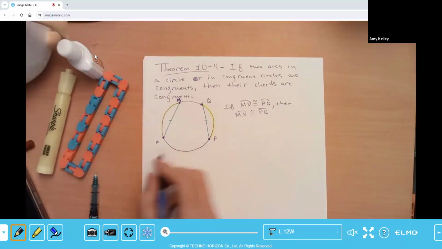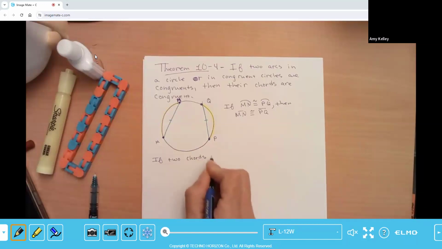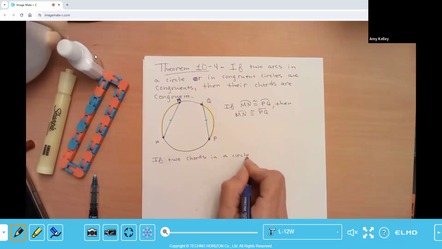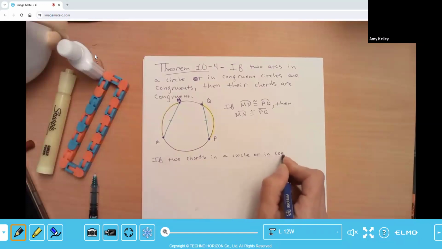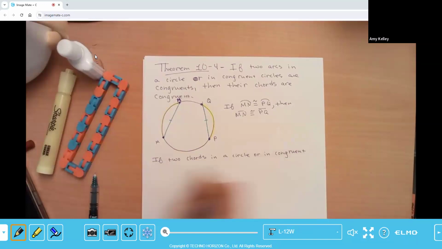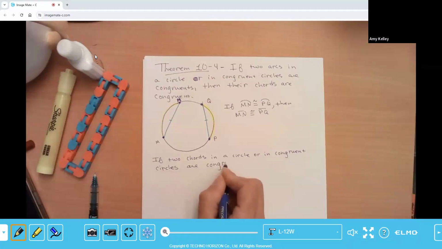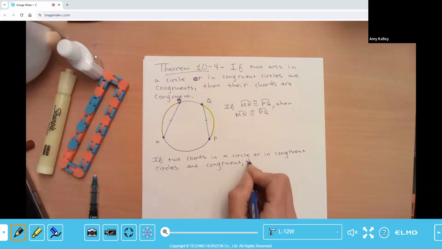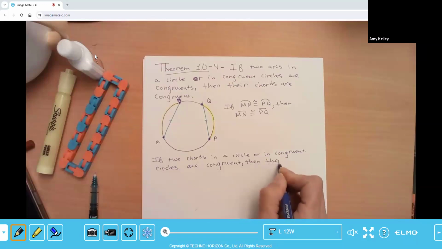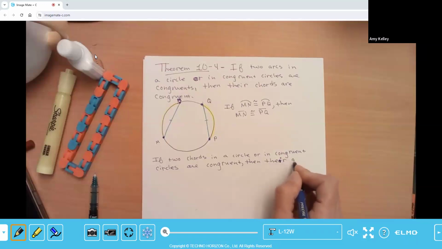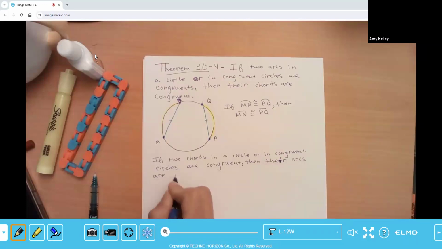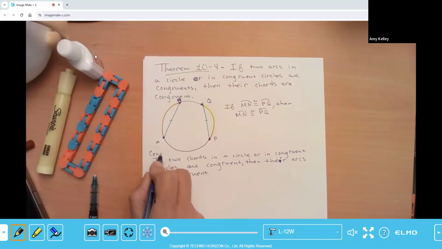And then of course the converse is also true. That would be the converse.